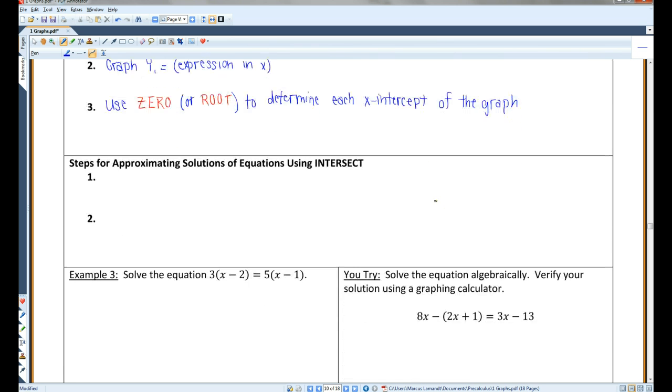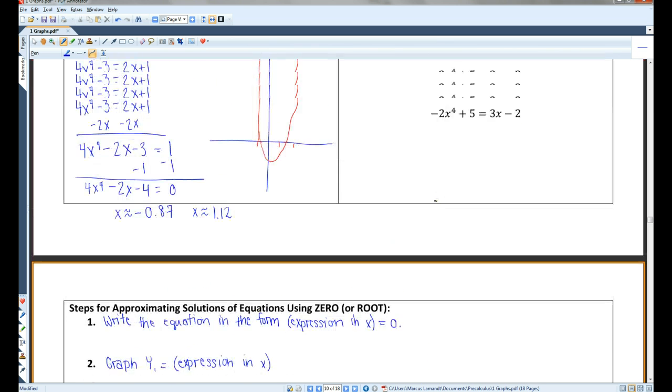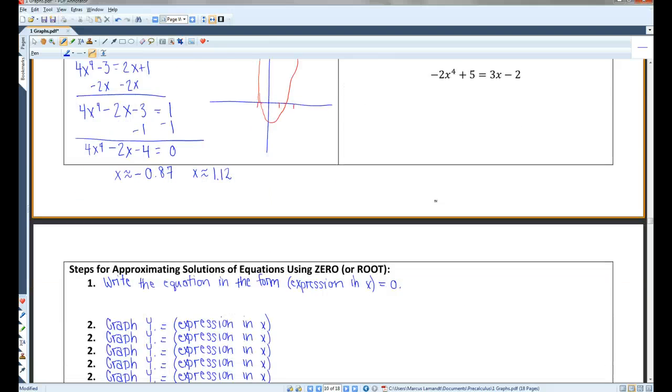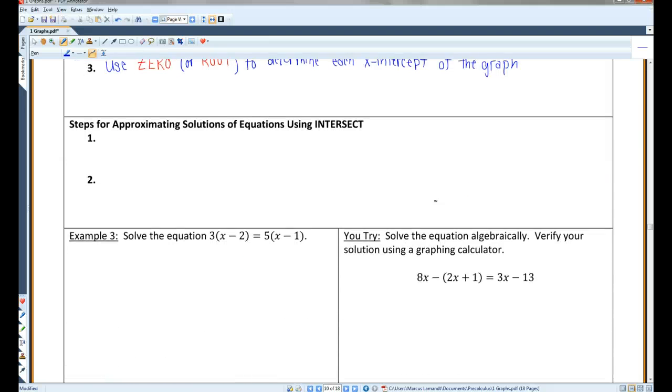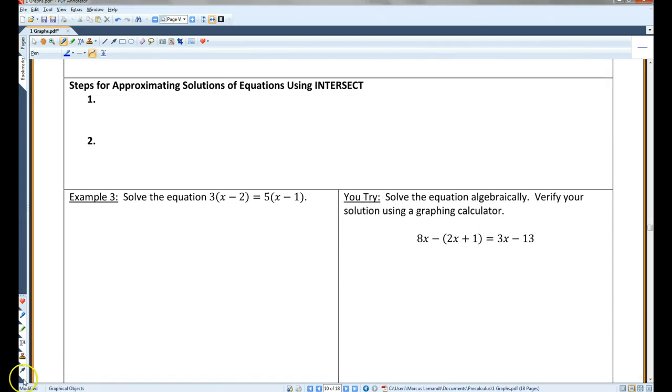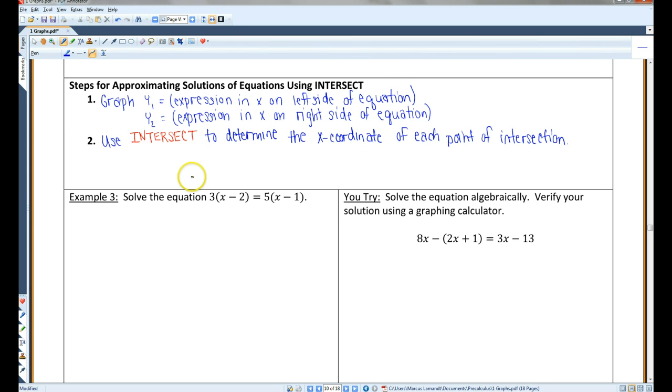Alright, there's actually another way we could have solved this problem, and that's using a function called intersect. In this next problem, you're going to graph two equations in your calculator. So y1 equals the expression on the left side, y2 equals the expression on the right side, and then we're going to use intersect to find the x-coordinate of each point of intersection.